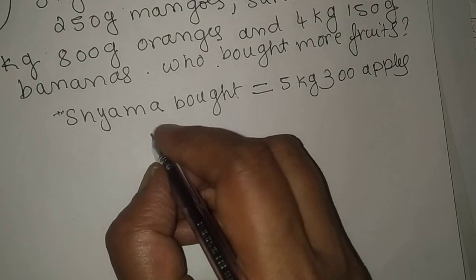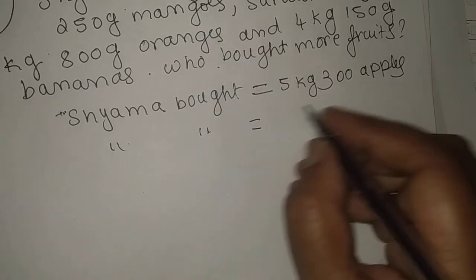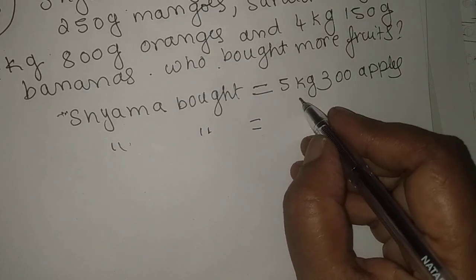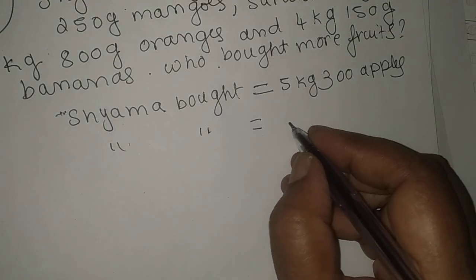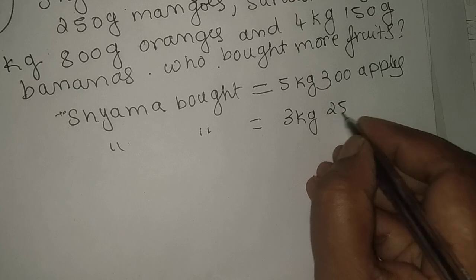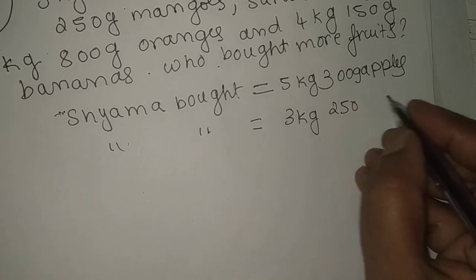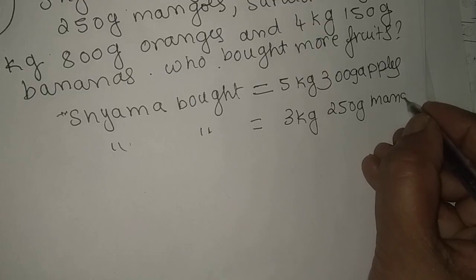Okay, first. Then Shama bought one more, that is mangoes, 3 kg 250 grams of mangoes.